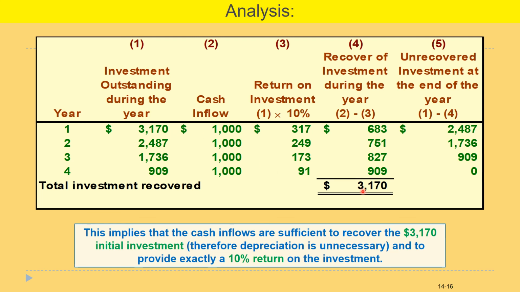Okay, if it does not, then it implies that the cash flows are insufficient. So this implies that the cash inflows are sufficient to recover the $3,170 initial investment. Therefore, depreciation is unnecessary, and it provides exactly a 10% return on the investment. Right?